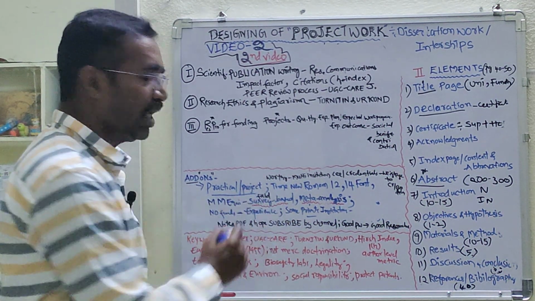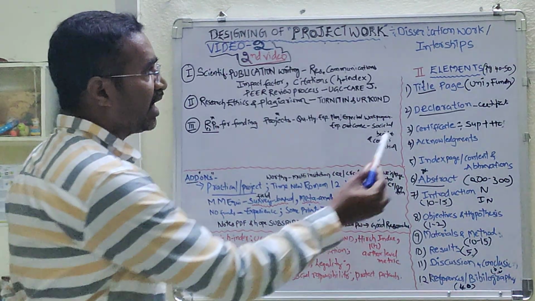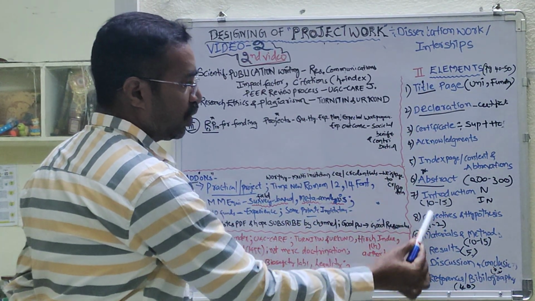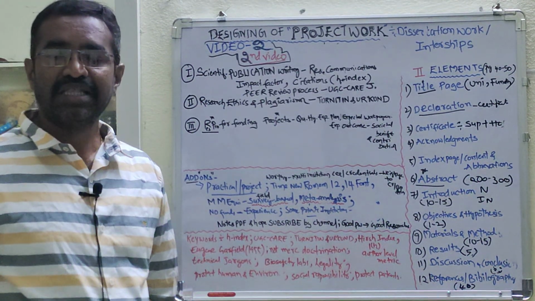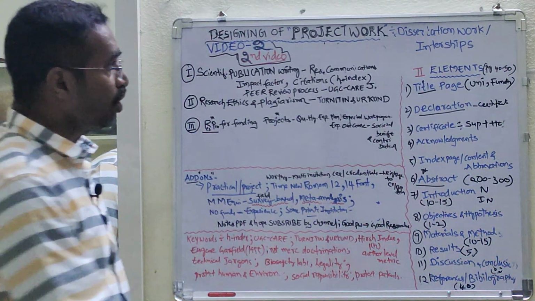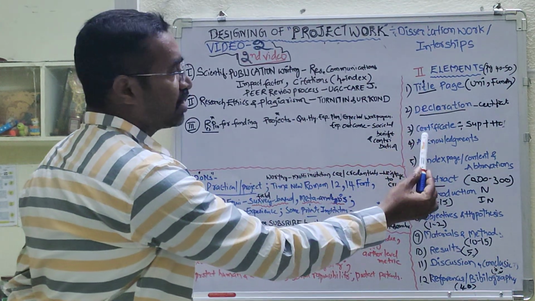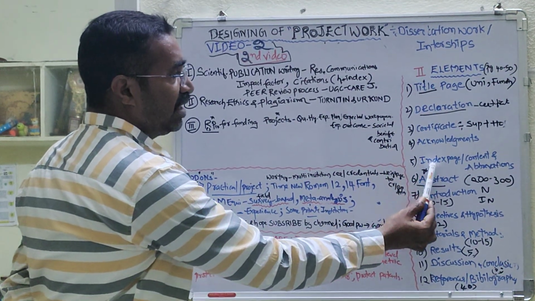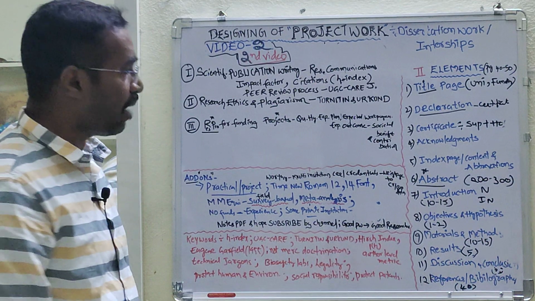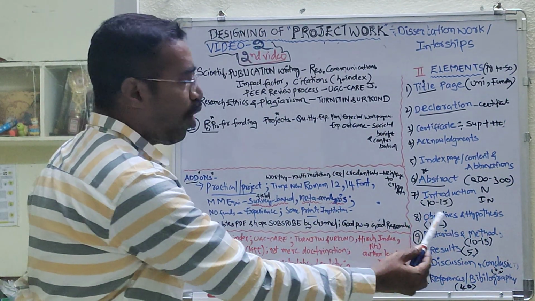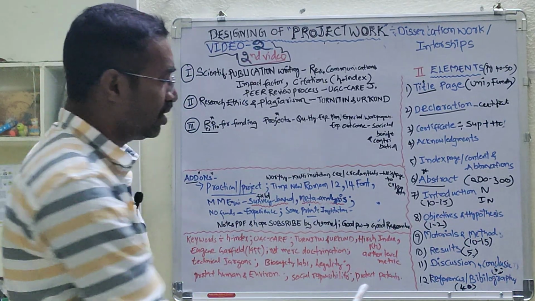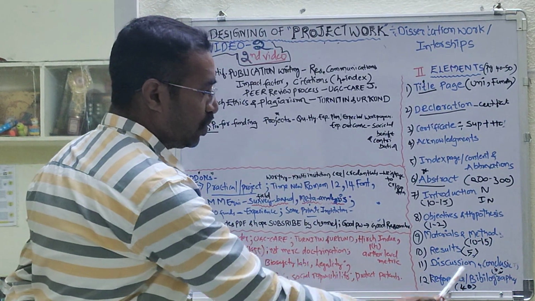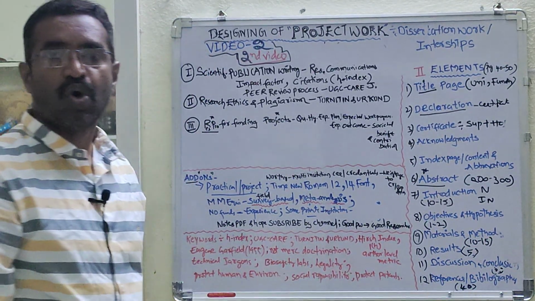And I forgot to tell you that, so these are the different type of elements which we are going to use in the report writing or project thesis writing. So this title page, declaration, certificate, acknowledgement, index page, contents, abstract, introduction, objective, hypothesis, material methods, experimentation, results, discussion, conclusion, references and bibliography.